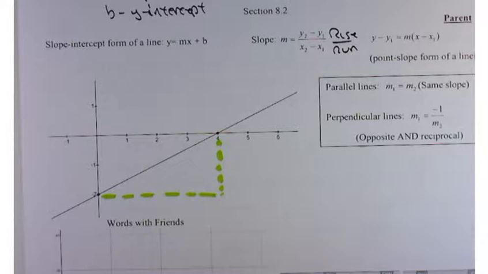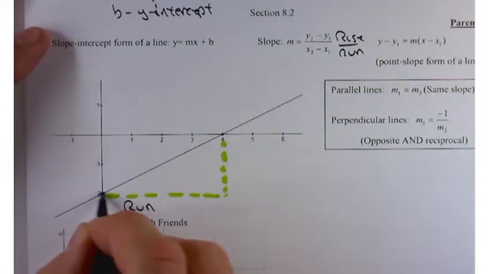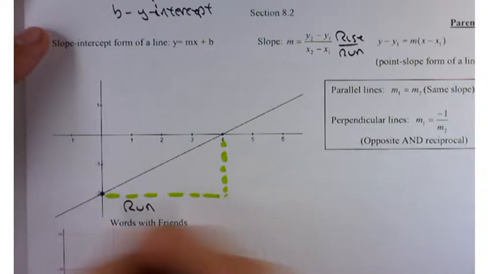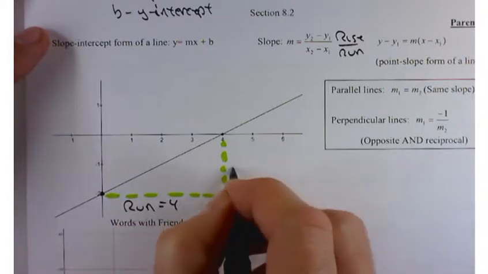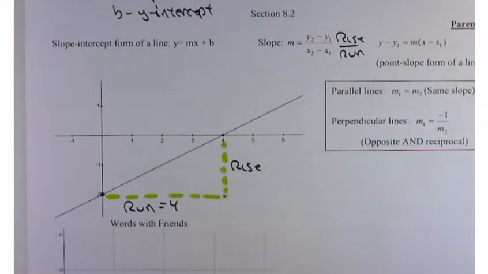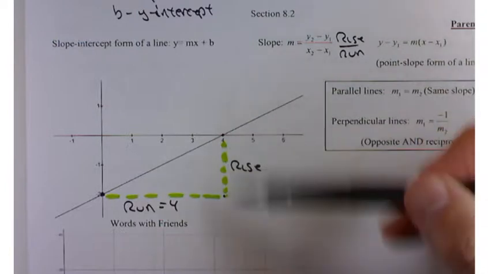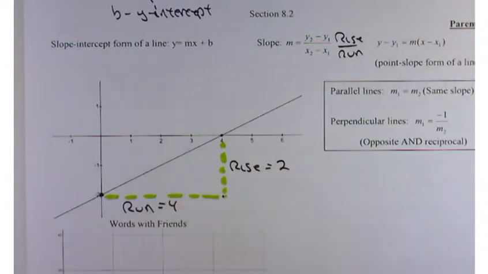So as far as the run is concerned, how far is it that I move when I go from here to underneath this point? 4. Thank you. And how much of a rise do I experience going from here up to here? 2. All right. Well, that wasn't too bad. In fact, that was easy.